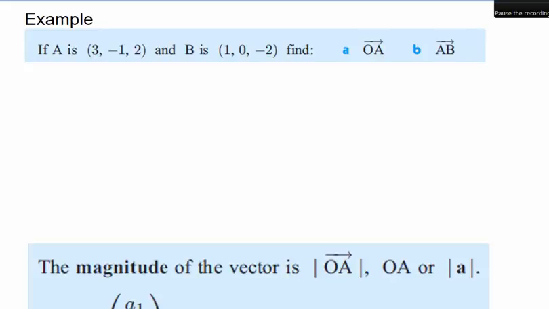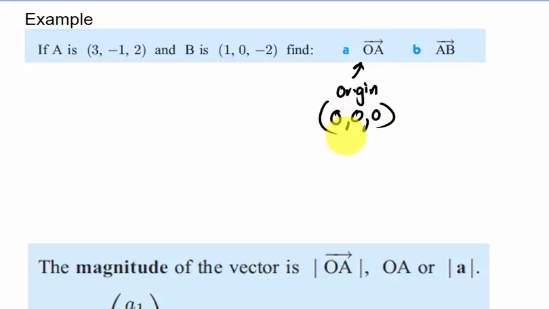So for this example, if I'm trying to find the vector OA, well, this is just the origin. So that means that it's 0, 0, 0. And if that is the tail, and here's the tip, I'm going to do tip minus tail.